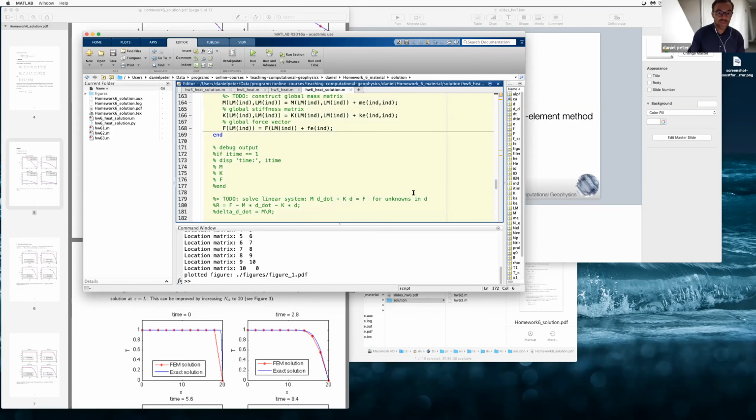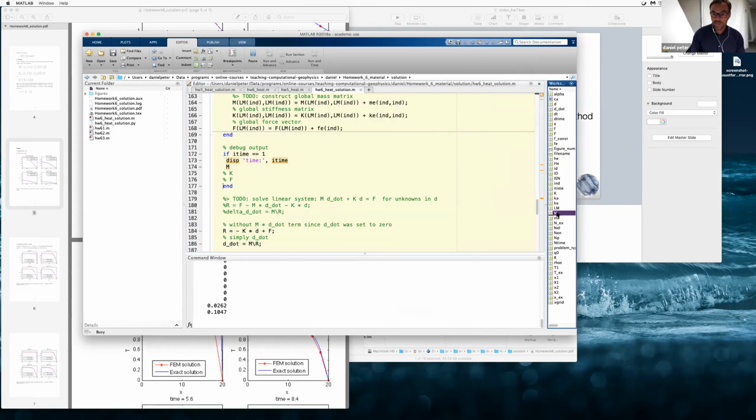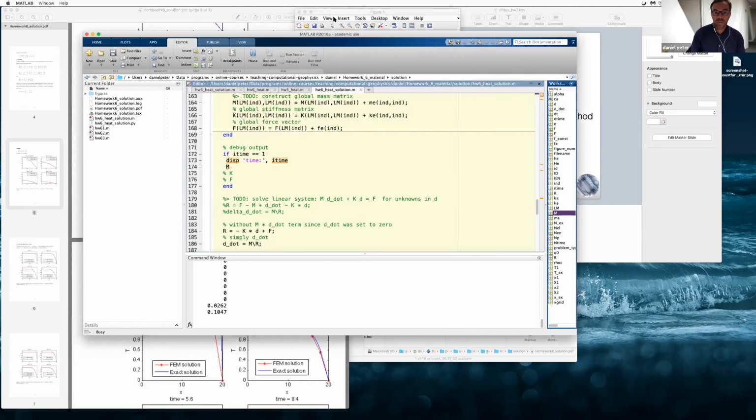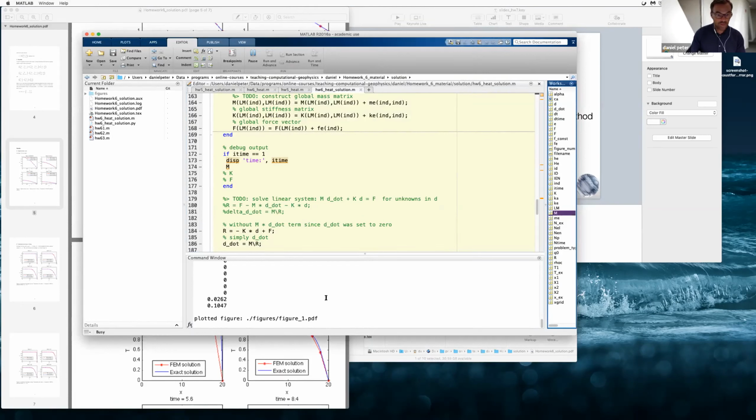So let's see if I can do that, and just see if I get the output from that. Yeah, that's the figure.